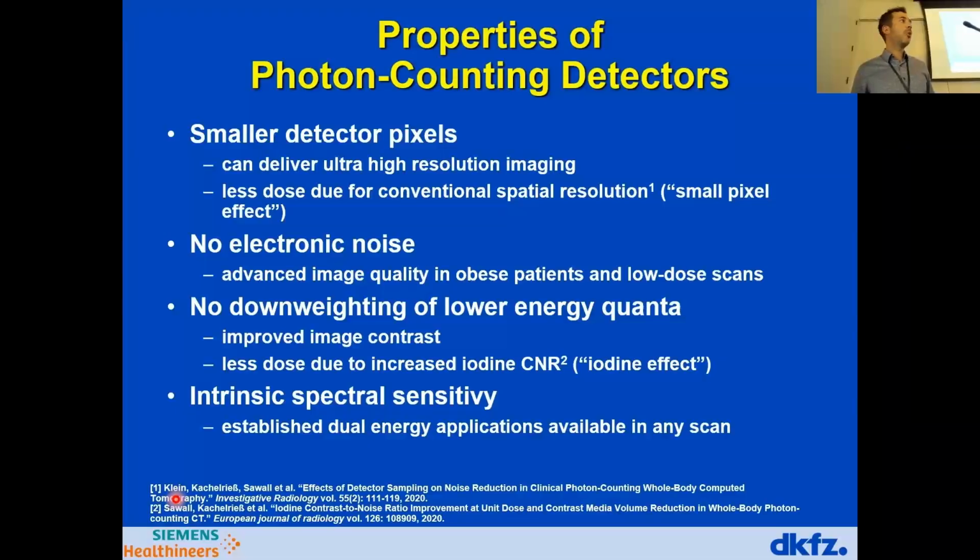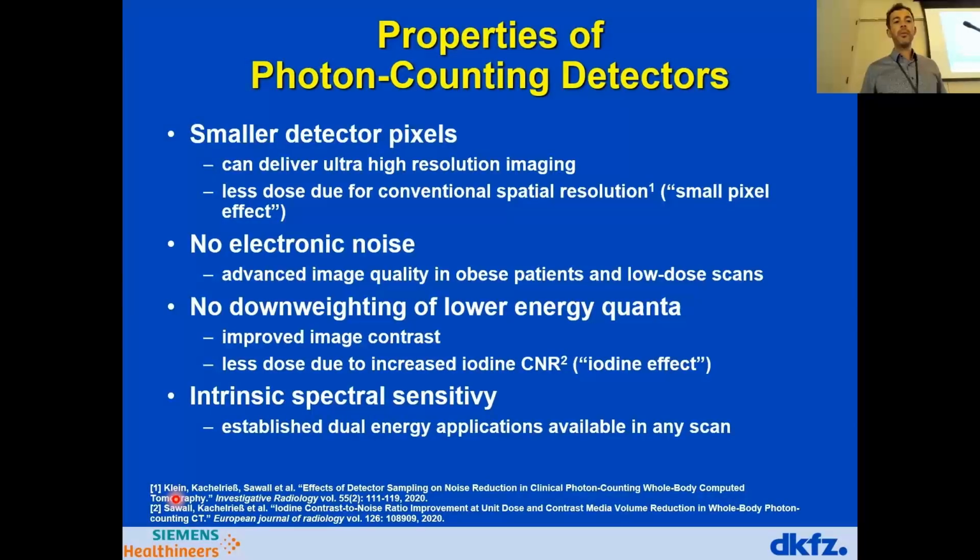Also, we have no downweighting of lower energy quanta, which will lead to an improved image contrast and also to an increased iodine contrast to noise ratio. And this can also lead to a potential dose reduction.